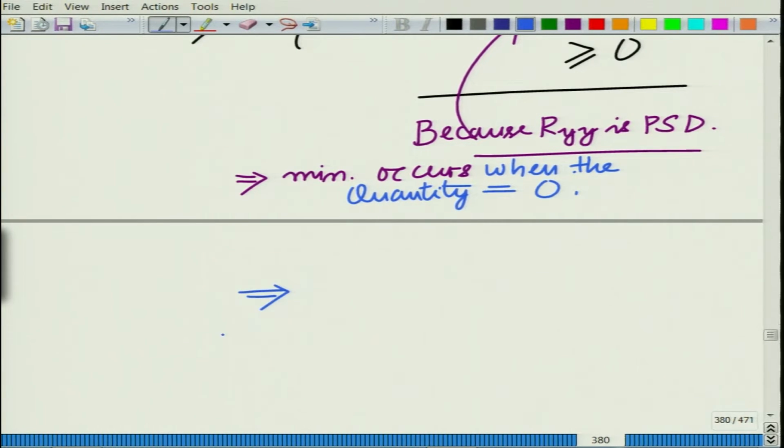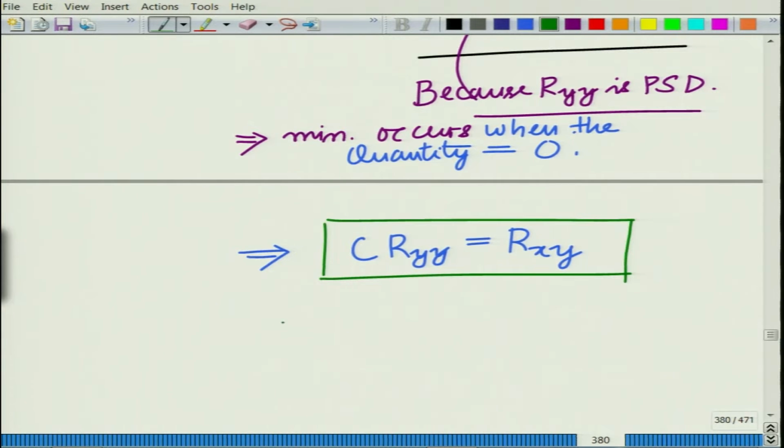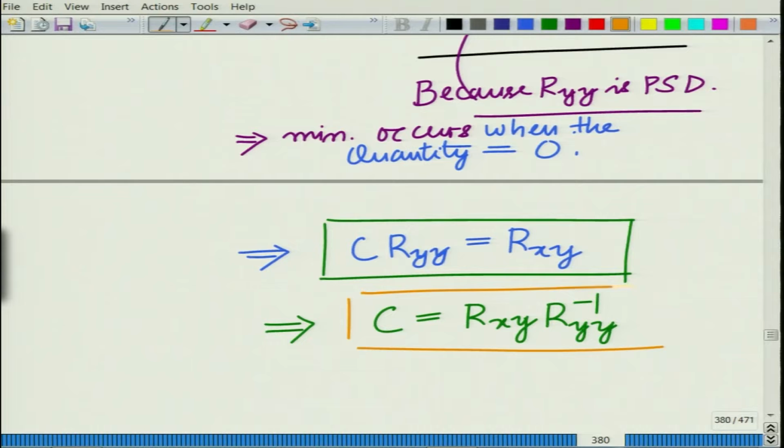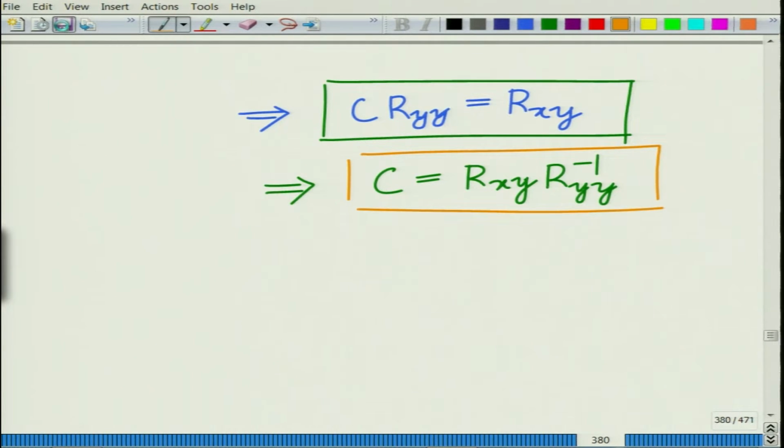Remember, it is a positive semi definite matrix, so the minimum occurs only when C r y y equals r x y, which implies that C equals r x y times r y y inverse.